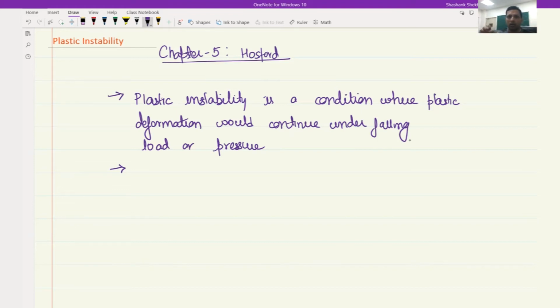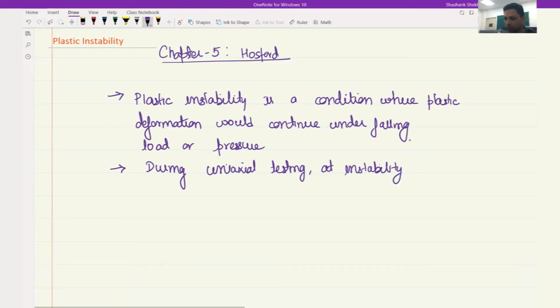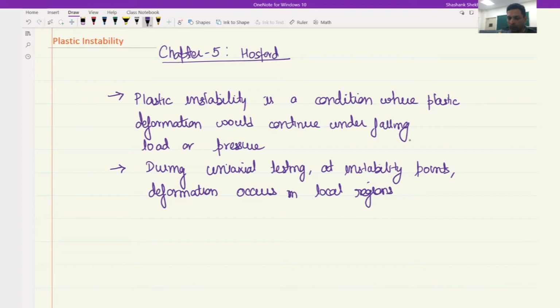It's happening in the localized region. So during the uniform elongation ceases.